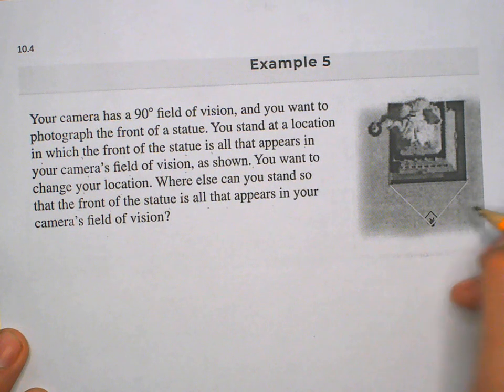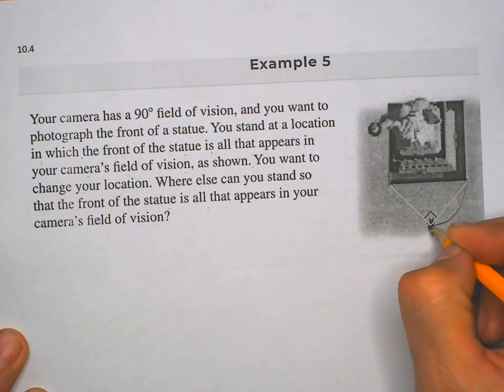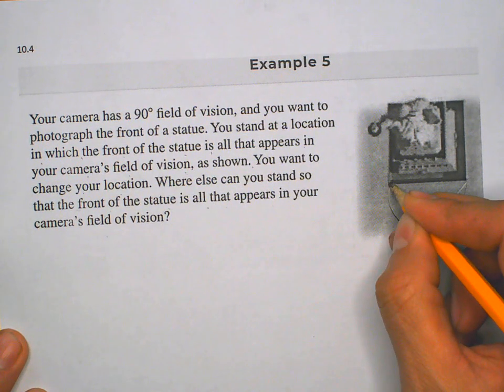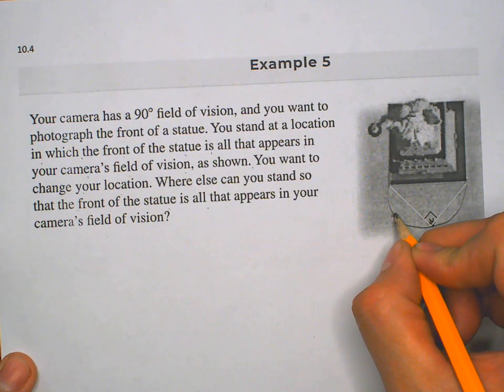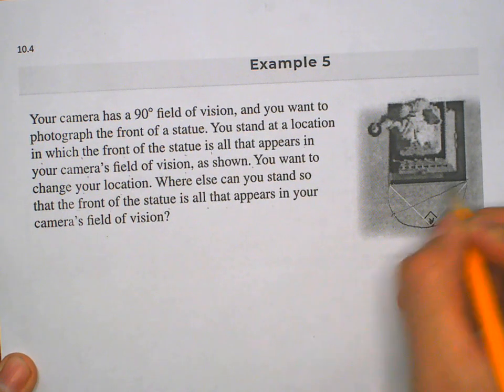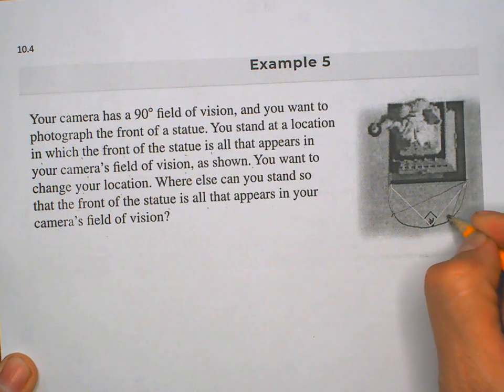The only other place that you can stand and get the same view is anywhere that lies in this semicircle. Okay, so if you stand right there, you can still get the same 90 degrees. If you stand right here, you can still get the same 90 degrees.